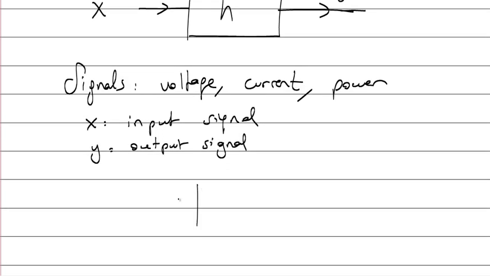Consider the same system. I will partition the input X. I define two different signals, X1 and X2. The summation of X1 and X2 is equal to X. And I define two signals, Y1 and Y2.